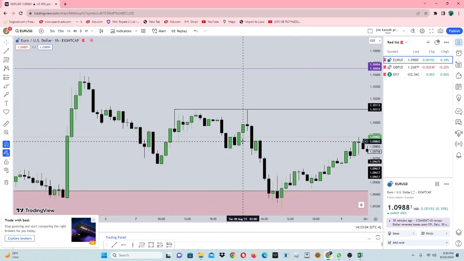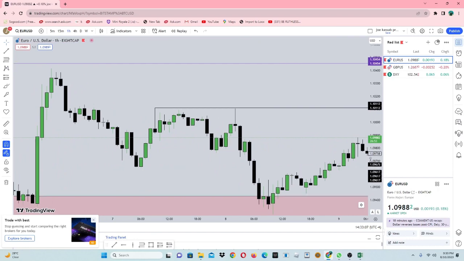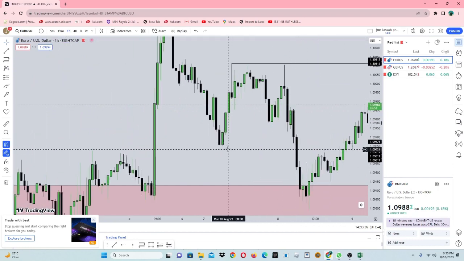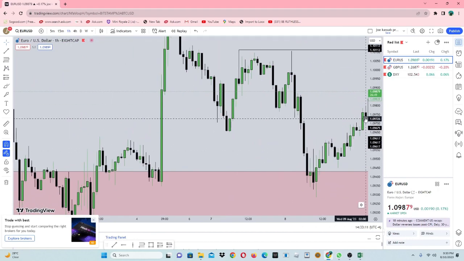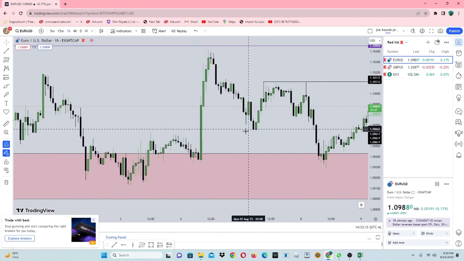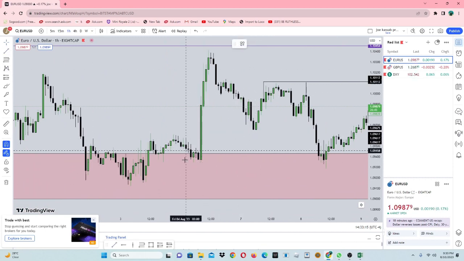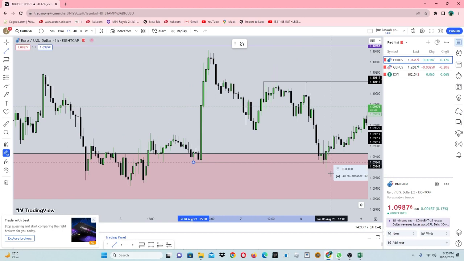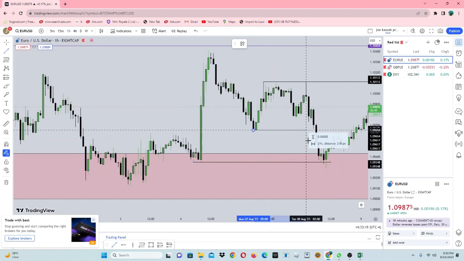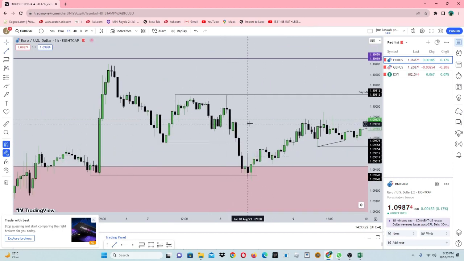So on Tuesday I was anticipating price to be bearish into the previous day high and the previous 2 days low, low and low. So I was anticipating price to take this low and to take this low.